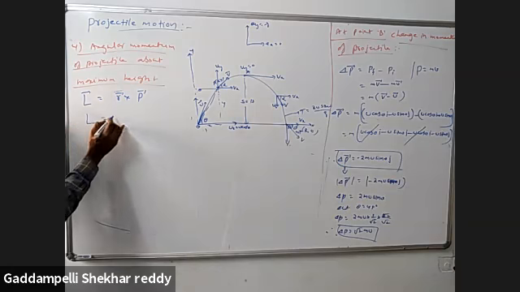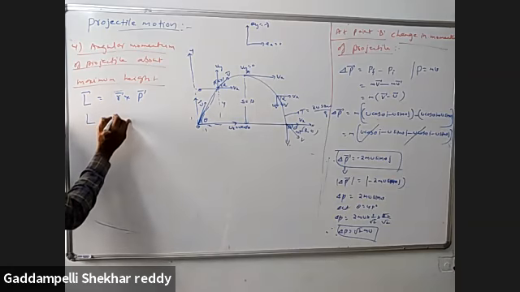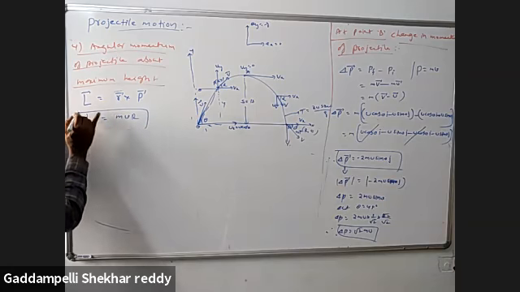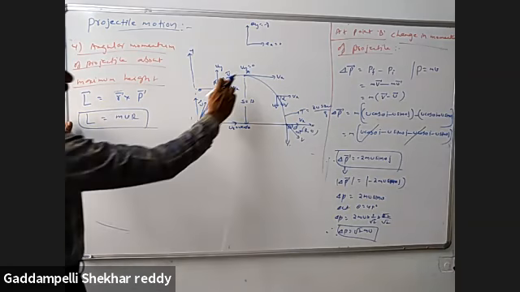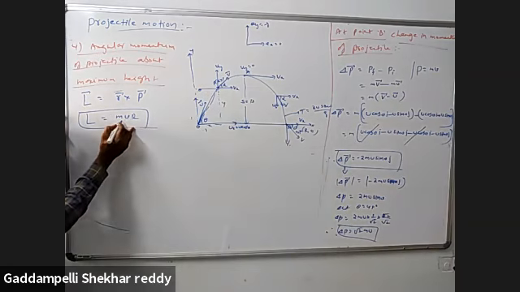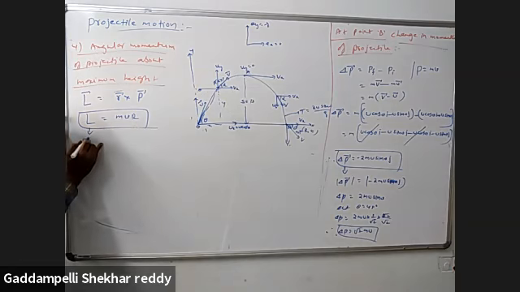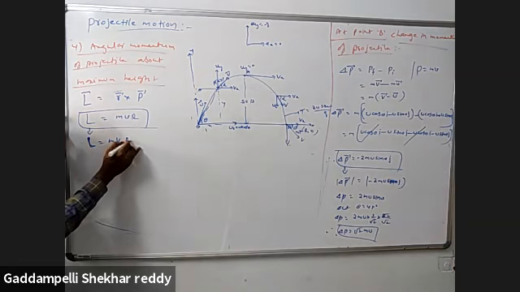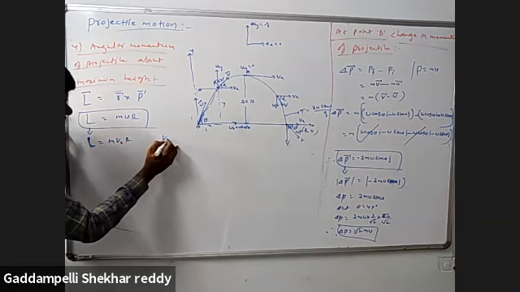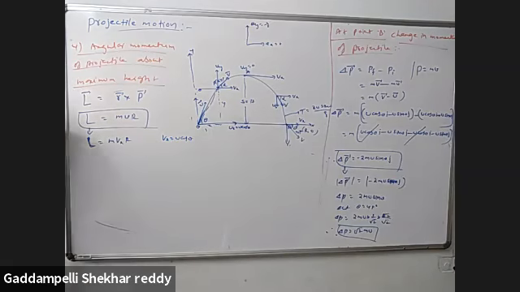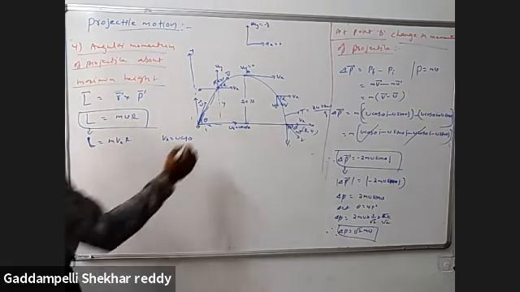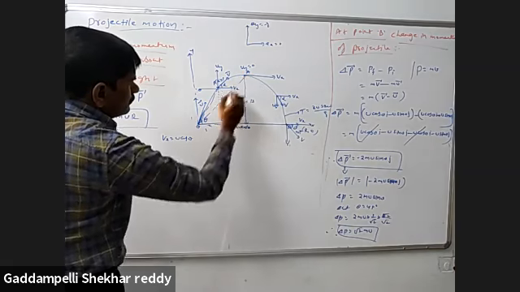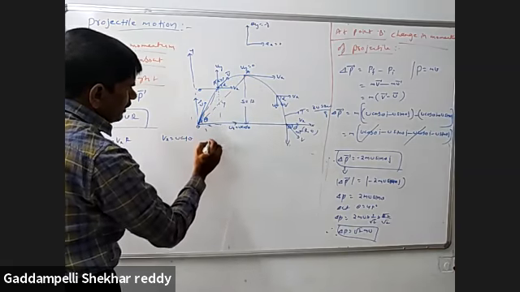In magnitude form, L is equal to P value mv, so that means mv R. Where maximum velocity, like this is Vx, we know that Vx is equal to u cos theta, and here theta is exactly 45 degrees.